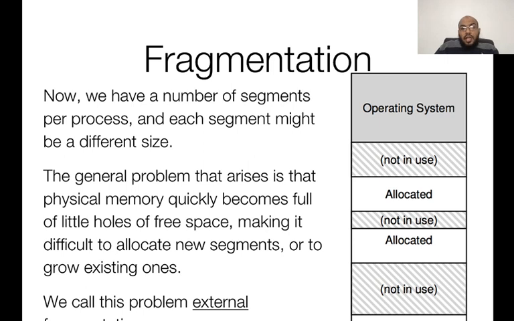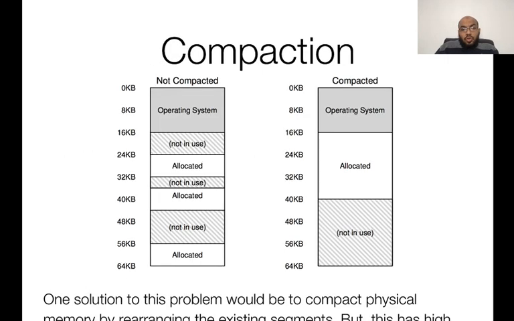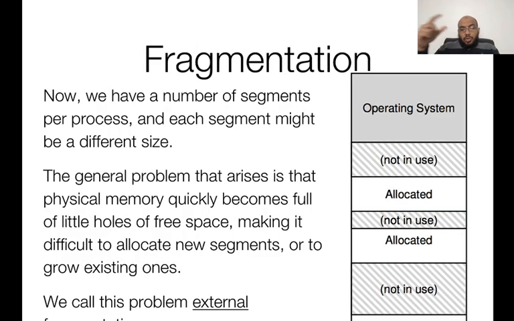Suppose the first area not in use was 20 KB, the second area was 1 KB, and the third area was 10 KB, and you have a process that now wants 31 KB of memory. How do you allocate that to that process?